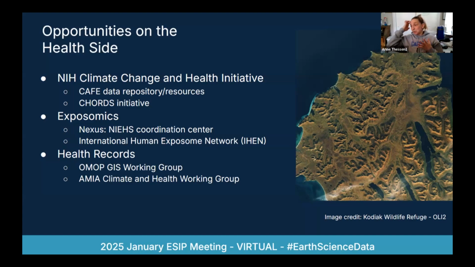And then there are groups working on standards to put exposure information in individual people's health records. So here we're talking more about electronic health records, and those are the Odyssey GIS working group that's trying to put standards into the OMOP common data model. And there's also a climate and health working group as part of AMIA. AMIA stands for Association of Medical Informatics or something along those lines. I don't remember.